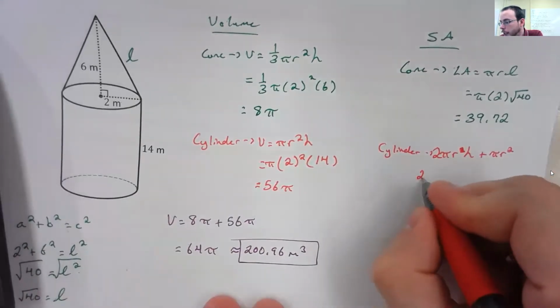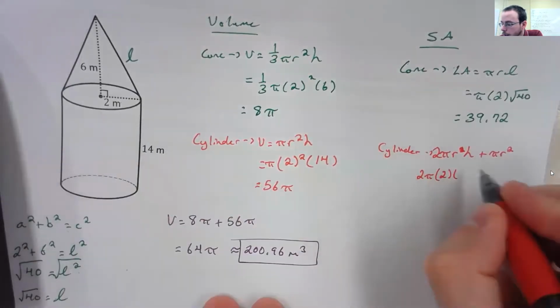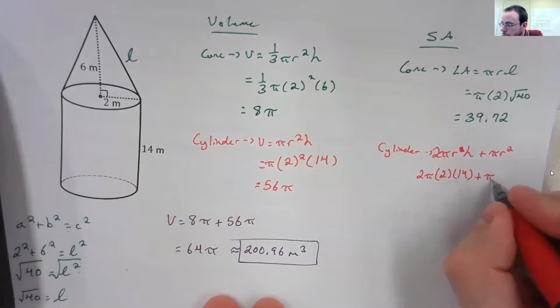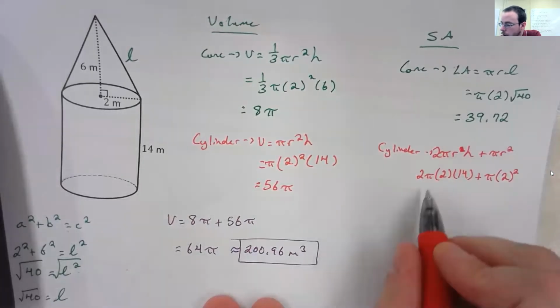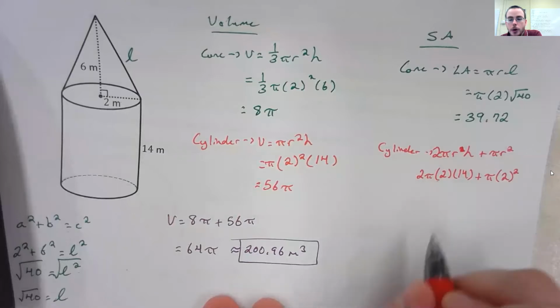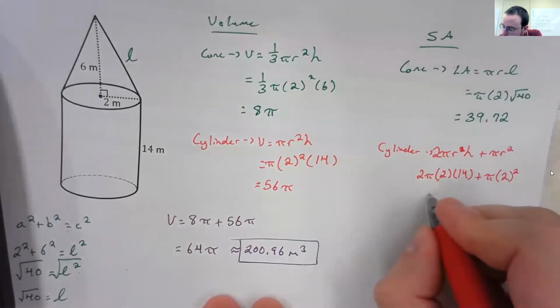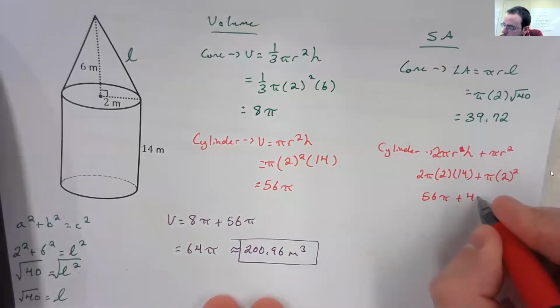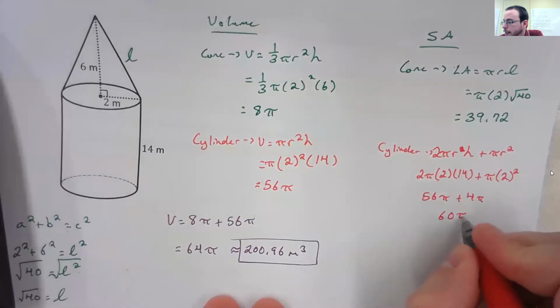So plugging in, we get 2 pi times r, which is 2, times the height, which is 14, plus pi times r squared, which would be 2 squared. 2 times 2 is 4. 4 times 14 is 56. 2 squared is 4. 56 pi plus 4 pi gives us 60 pi.